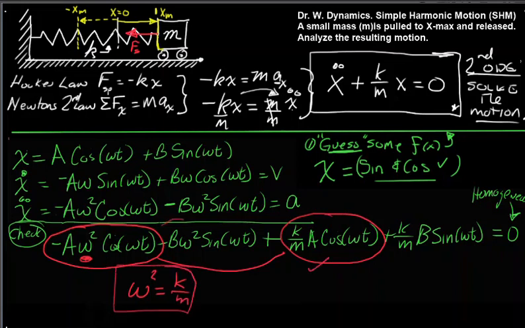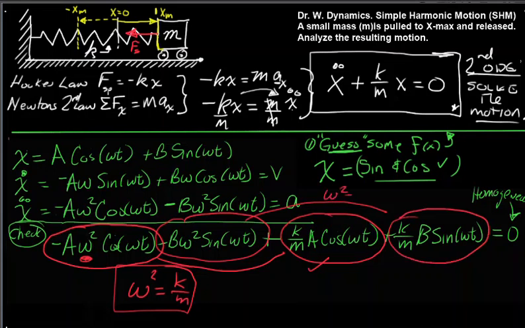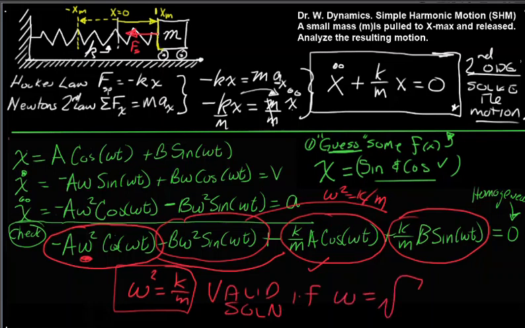They'll drop out, and this term with the other sine term would drop out with the same criteria. So that tells us that it's a valid solution if omega is the square root of k over m.